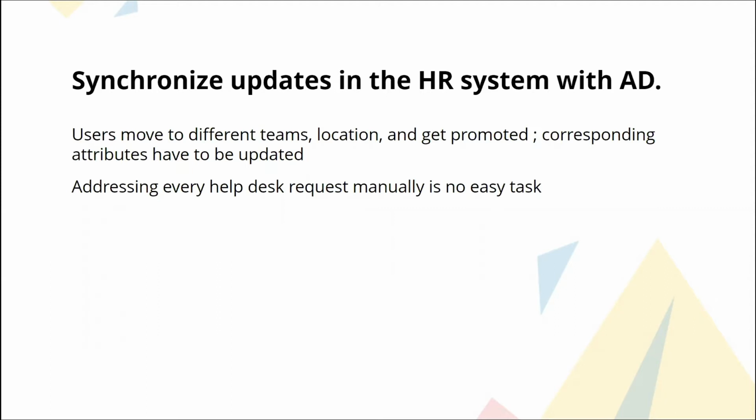So that could be the privileges that the user has. This can also be configured so that help desk requests that come your way can be tackled easily, rather than a user himself raising a request for certain privileges that he needs for the new role.